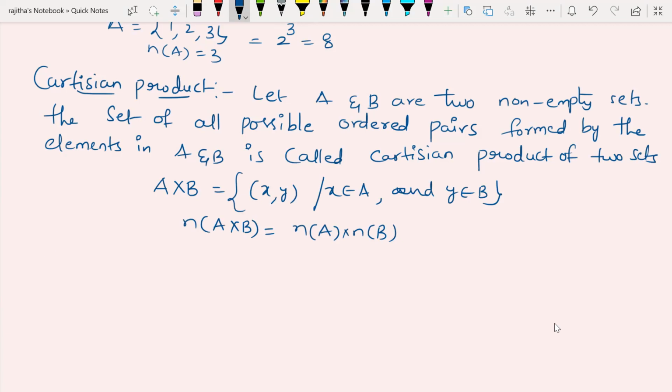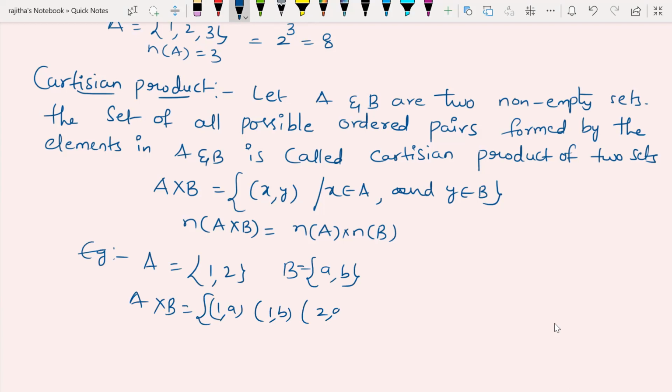For example, A is equal to the set {1, 2} and B is equal to the set {a, b}. So what is A cross B? (1, a), (1, b), (2, a), (2, b).